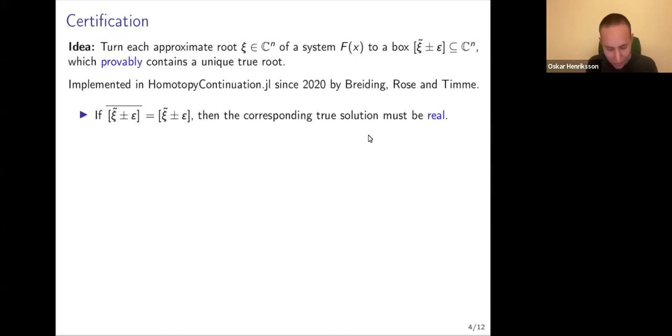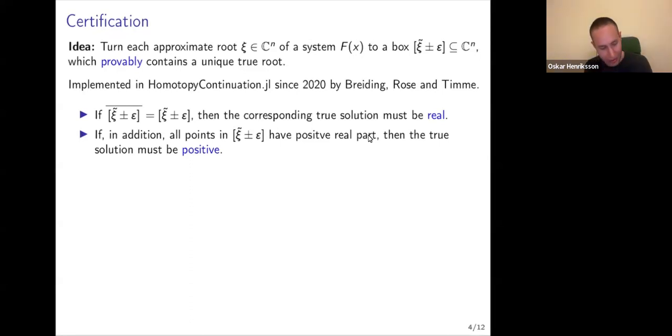If this box is symmetric with respect to complex conjugation, then there is no other possibility than that whatever true solution exists in here needs to be real, because the complex conjugate of this true solution would have to be in some box, and that box would be the same as this if we have the symmetry. Due to the uniqueness, the complex conjugate of the true solution needs to be equal to the true solution, and then it's real. So that's something we can do.